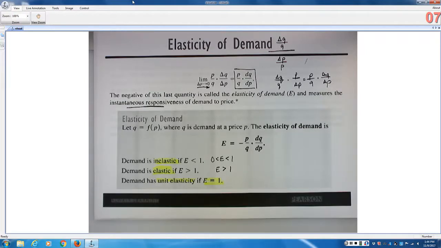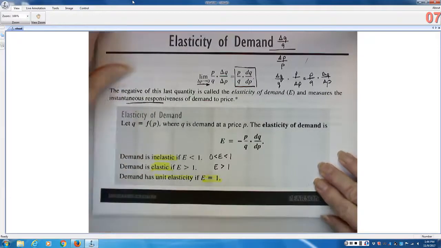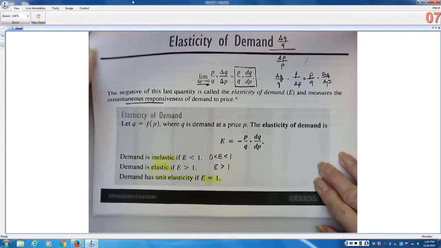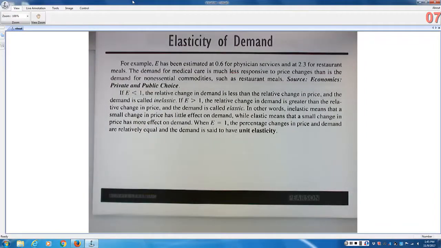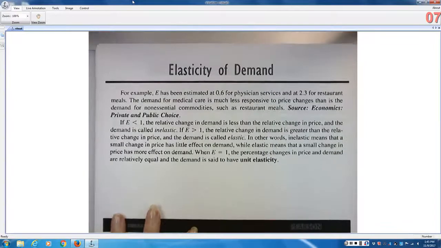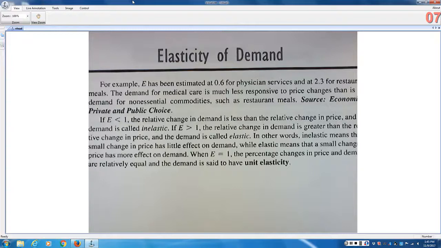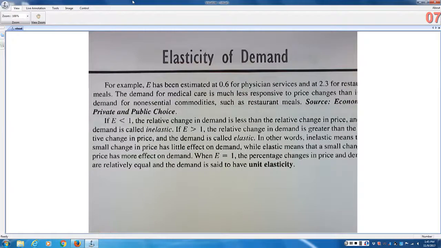Let's talk about what each one of those terms actually means. And we'll keep this handy. So here's a couple of examples. E is estimated to be 0.6, which means it's inelastic for physician services, and 2.3 for restaurant meals.